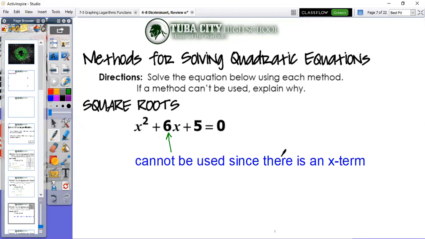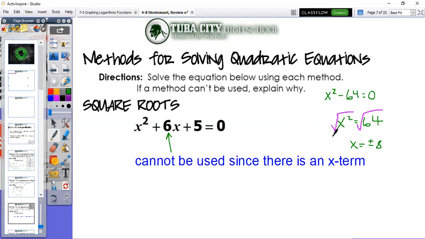So with square roots, it would be more of something like x squared minus 64 equals 0. This is just a really quick example. I would add 64 to both sides, x squared equals 64, and then take the root of both sides. And then we would get an answer such as x equaling positive and negative 8. So that's the square root method.